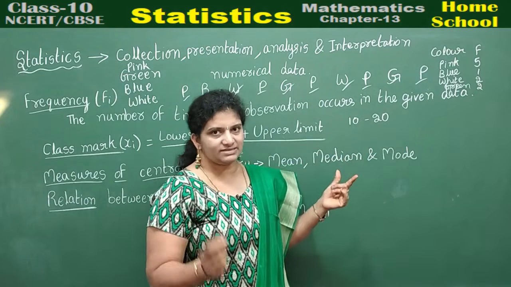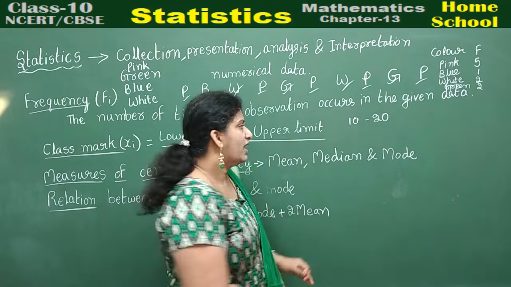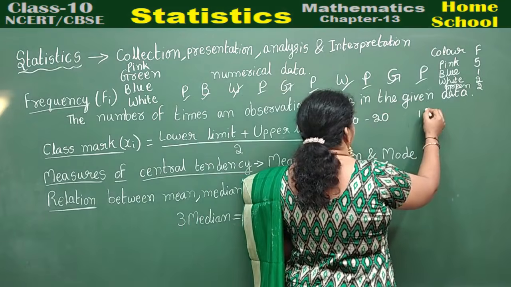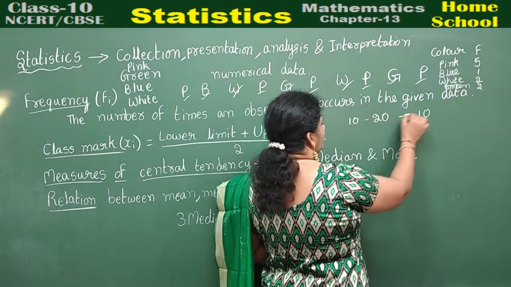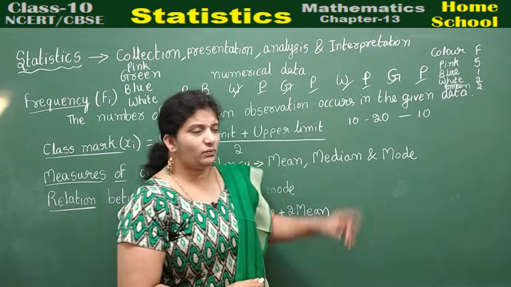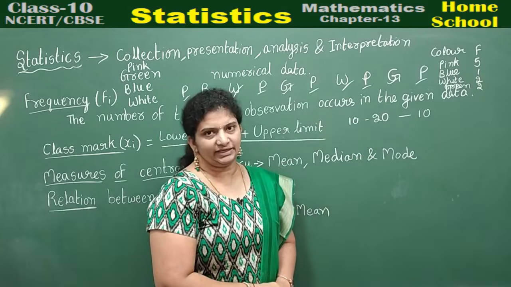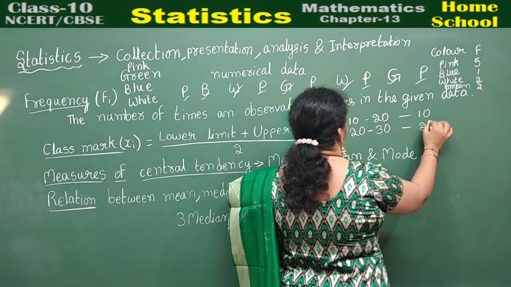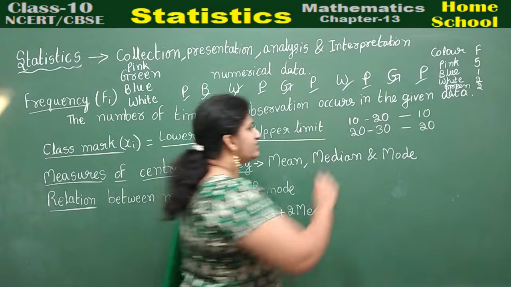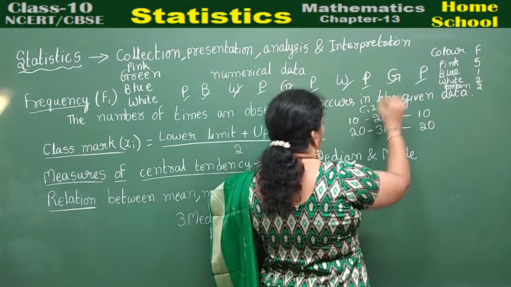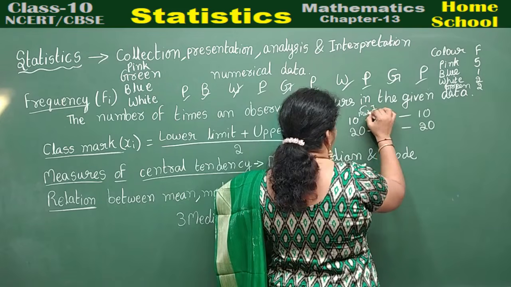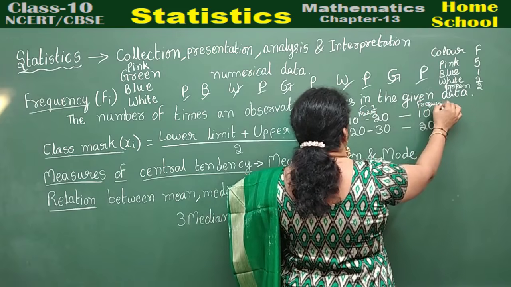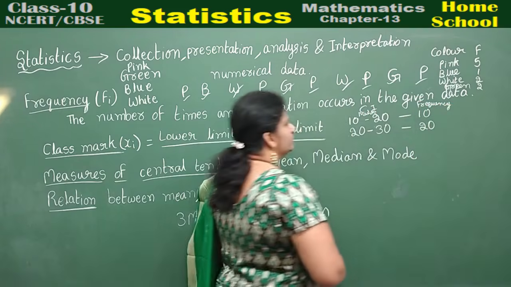In a class test, 10 to 20 marks, how many children scored? 10 children have scored marks between 10 to 20. 20 to 30 marks, 20 children have scored. This is the class interval of marks, and this is the frequency, the number of children who scored.